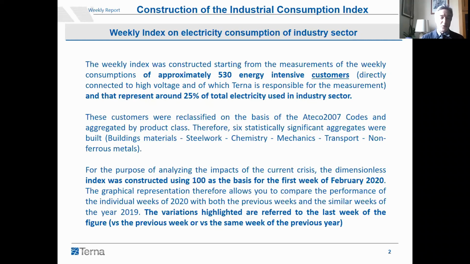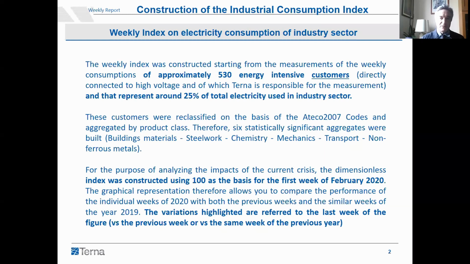And what we did was build a dimensionless index that was set to 100 on the first week of February 2020.